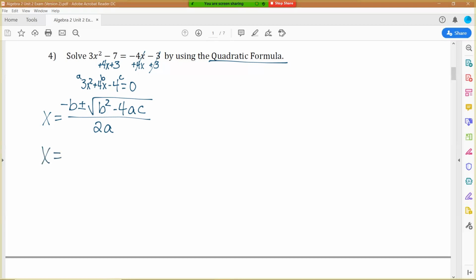So when I want the opposite of b, the opposite of positive 4 is negative 4, plus or minus, then my square root. Underneath my square root, I need b squared. So 4 squared minus 4 times a, which is 3, times c, which is negative 4, all divided by 2 times a, which is 3.